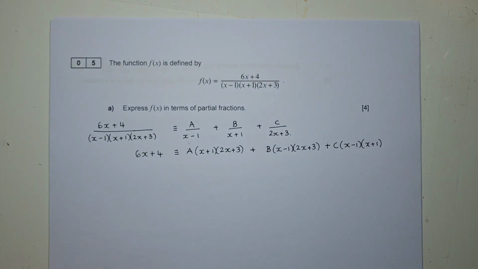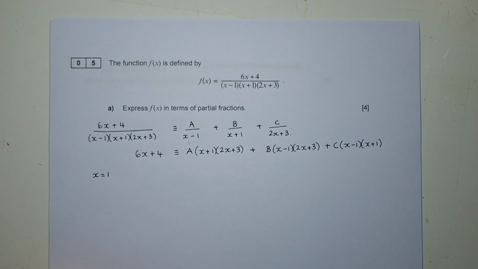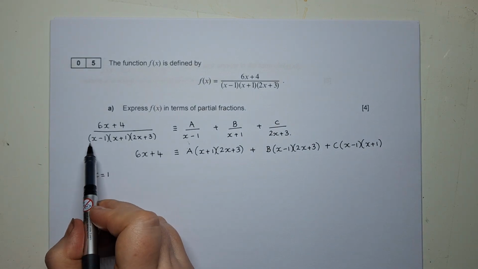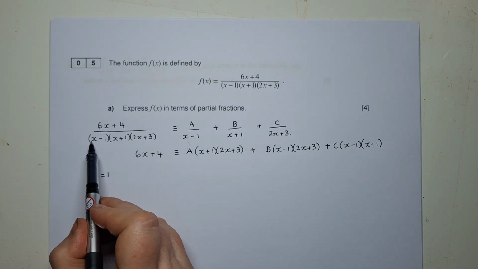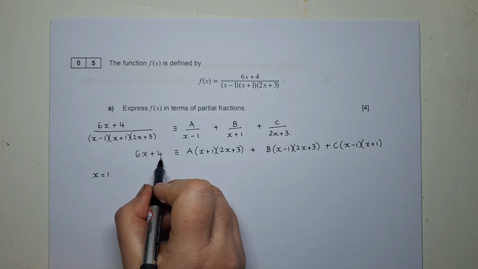Okay, so at that point, we can then start substituting in specific values of x that we're going to choose to make the terms disappear 1 by 1 or 2 by 2. So I've got a bracket x minus 1. So if I choose x to be 1, that's going to knock out any term that has x minus 1 in it. Okay, I need to substitute it in on the left hand side as well.